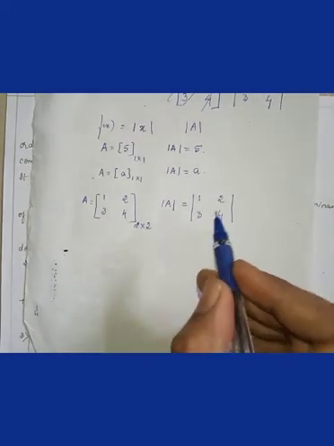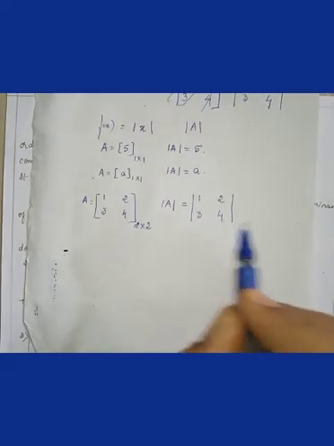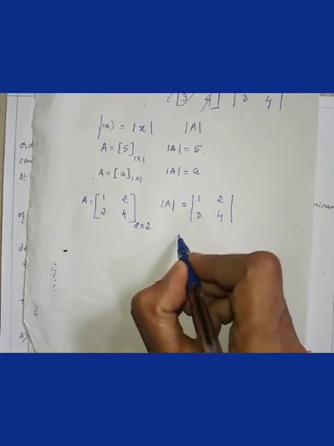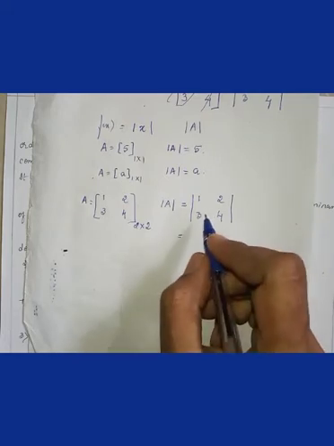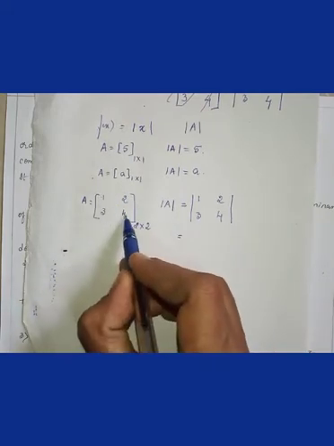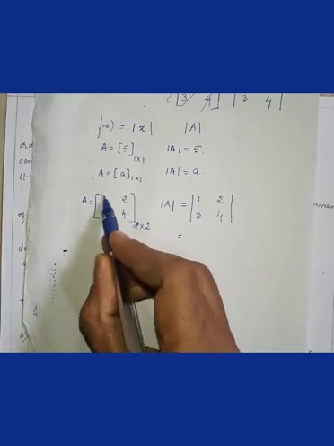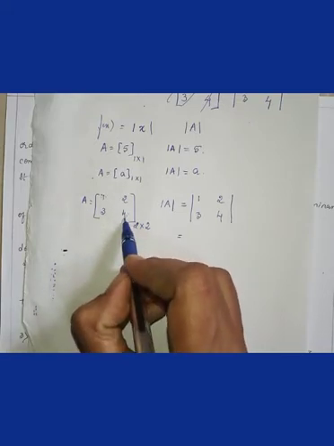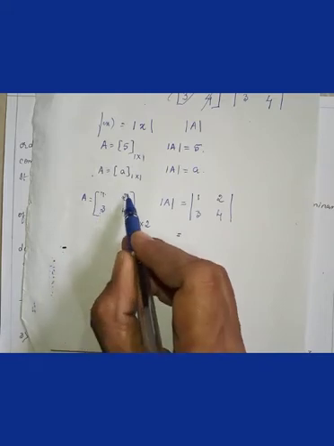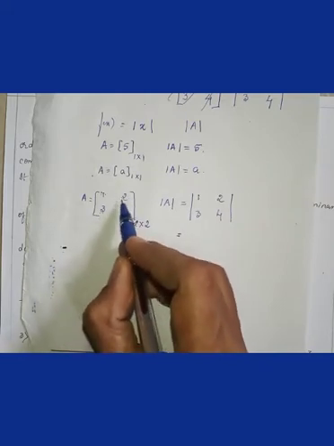For evaluating the determinant of a 2 by 2 matrix, you know that in a square matrix, 1 and 4 are the diagonal entries, and 3 and 2 are the non-diagonal entries.